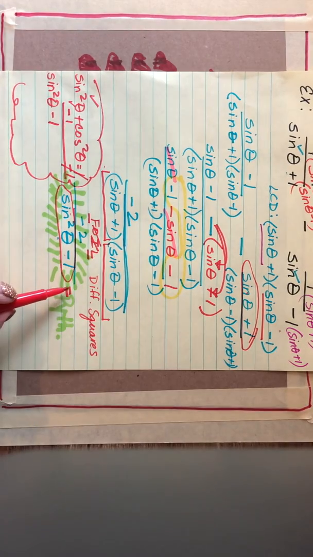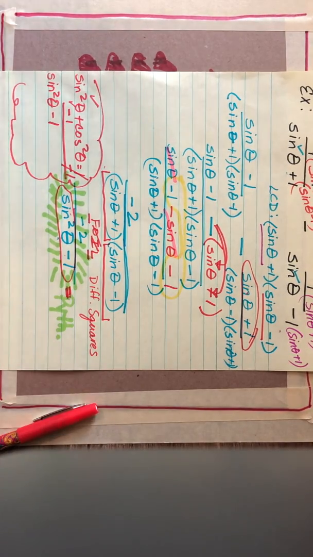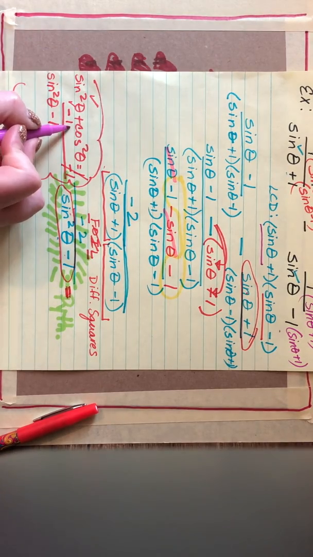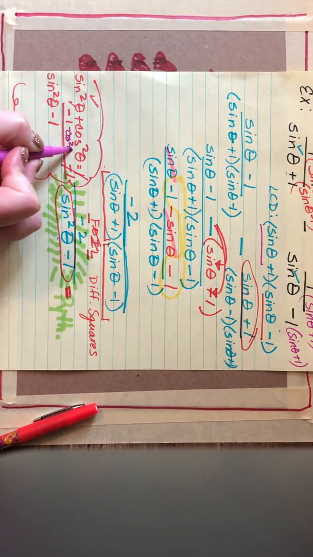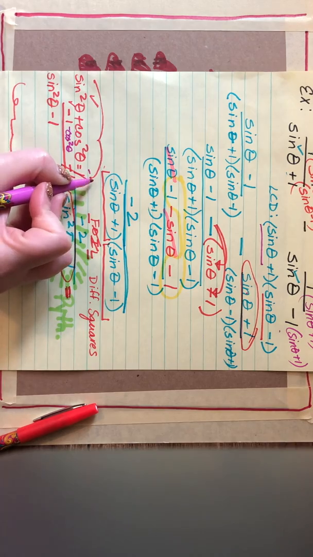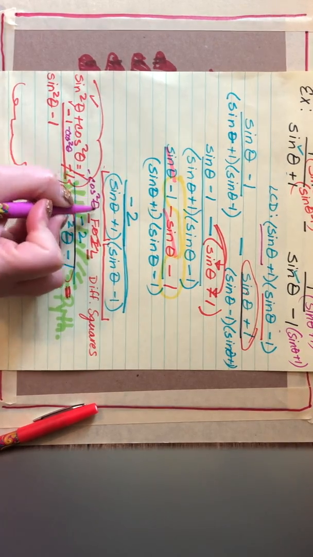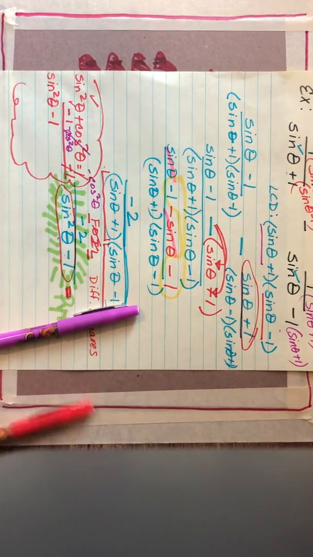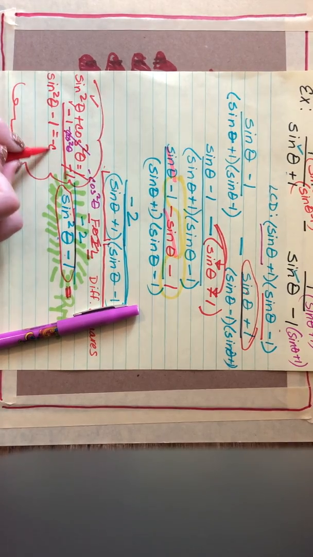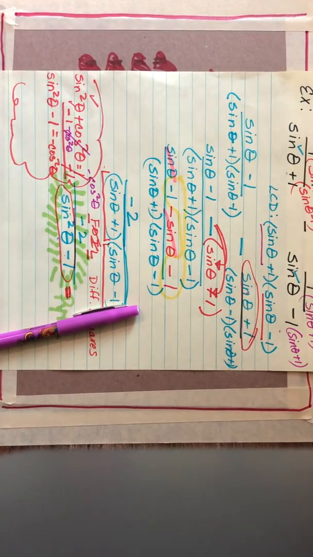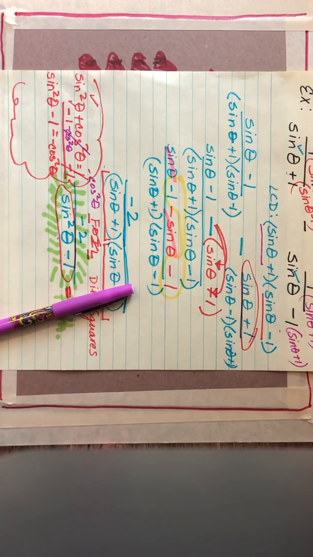But then remember, I told you I want it to be equal to something. Well, let's move this cosine squared, subtract it. Witchcraft. And now it's equal to negative cosine squared theta. I think we've done this a little bit. Okay, so we just made an identity.